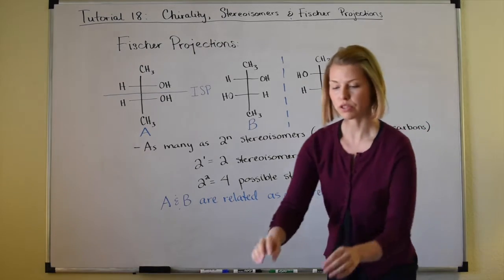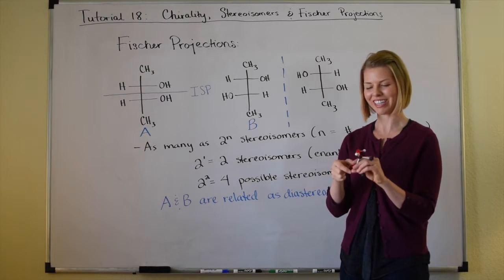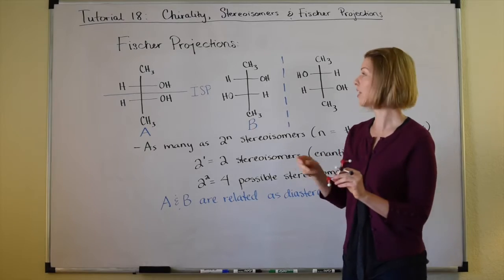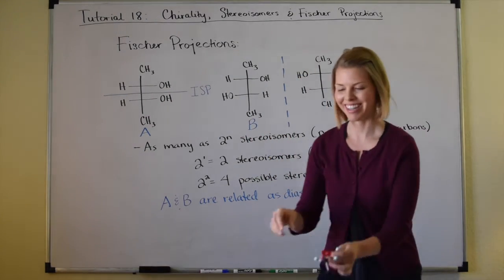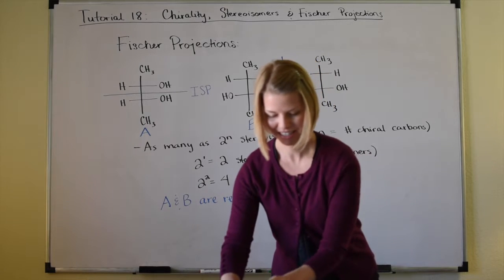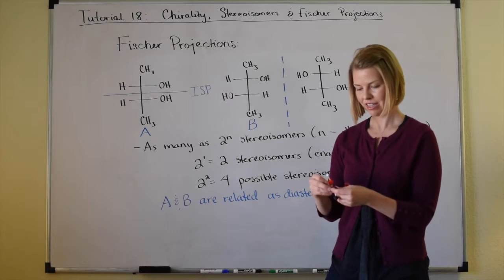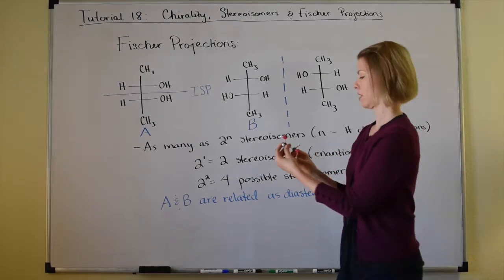Let me just prove to you by quickly rearranging my model here. I didn't have enough atoms to build all three of these models. So I have to kind of share here. Flip that one. All right.